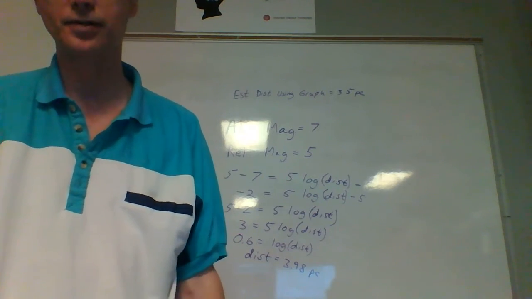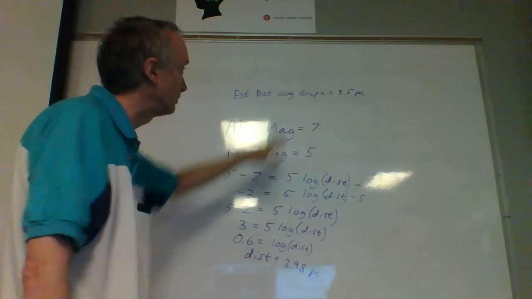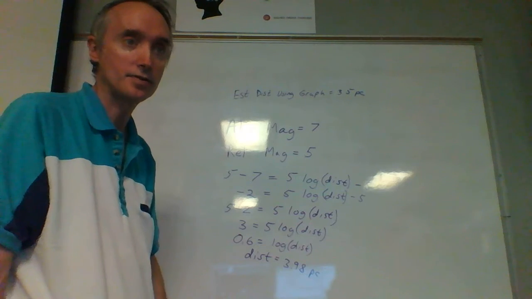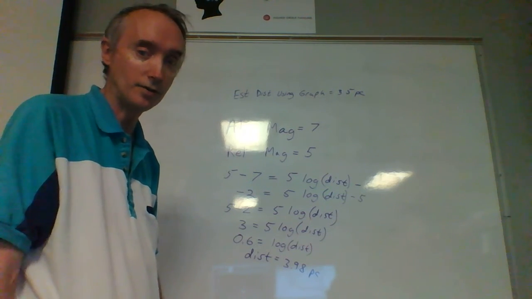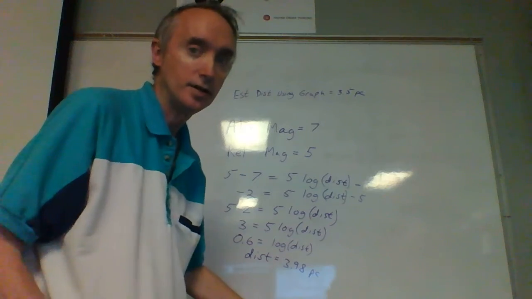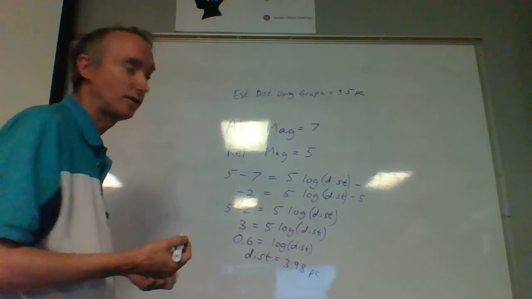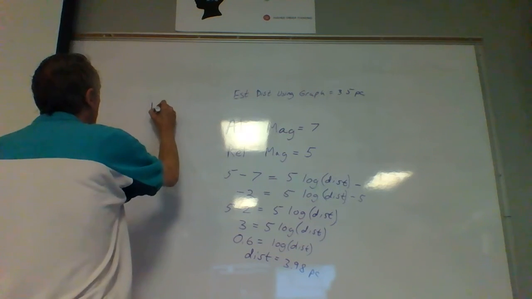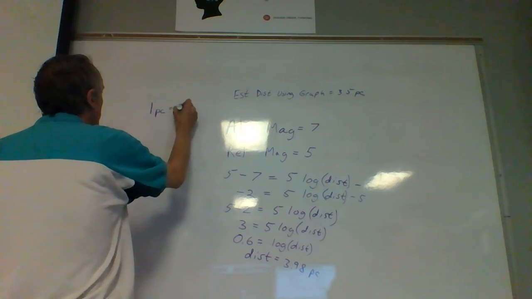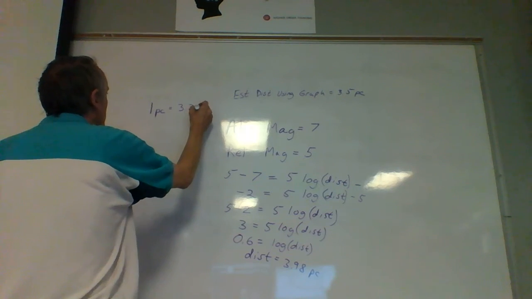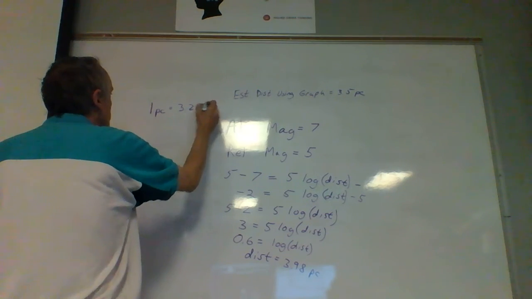Okay, now let's go back to the lab though. Go back down to part 5, because it says convert it to light years. So once you've got this number, 3.5 parsecs, you need to convert it to light years. Now, the relationship is that 1 parsec is 3.26 light years.